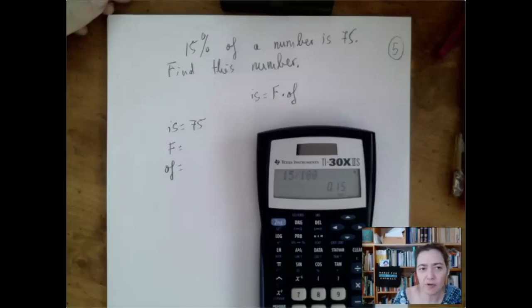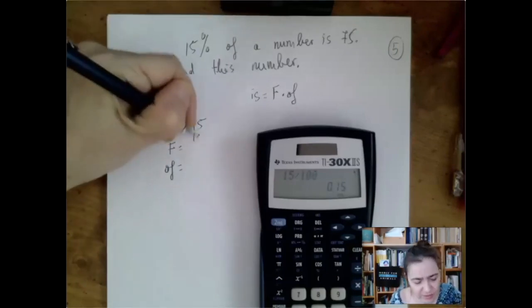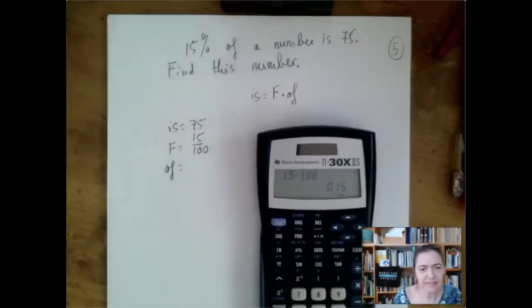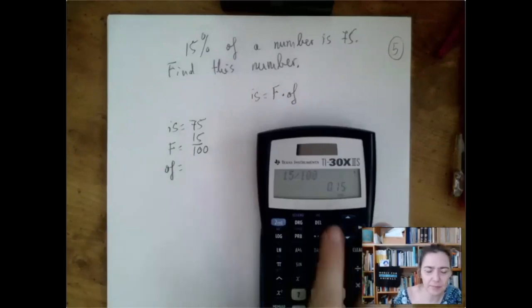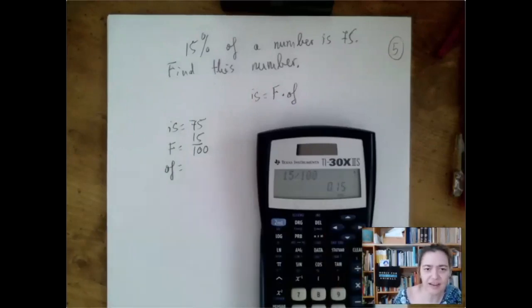So 0.15 is going to be very frequently used. I'm going to use 15% now, but keep in mind that 0.15 is the least amount of button punching to enter it.